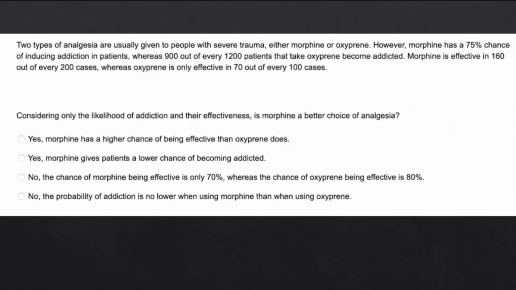And therefore, this is the correct answer. And again, another example. In this example, we're told we're comparing two types of medicines, morphine or oxypyrin, for severe trauma. And it says, however, morphine has a 75% chance of inducing addiction in patients, whereas 900 out of every 1200 patients that take oxypyrin become addicted.